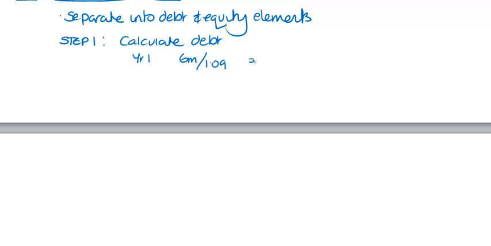So that's 5.50 million. Year 2, 6 million, discount that for 2 years.